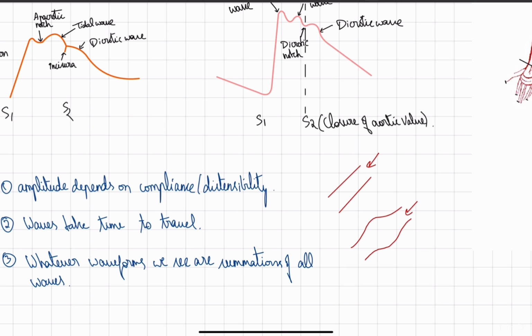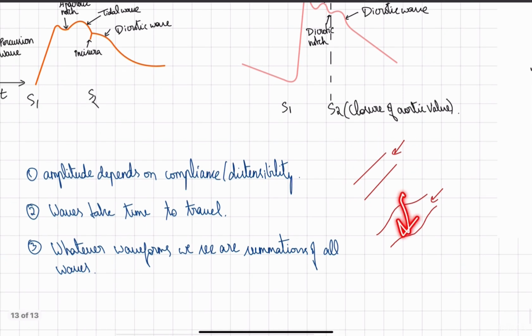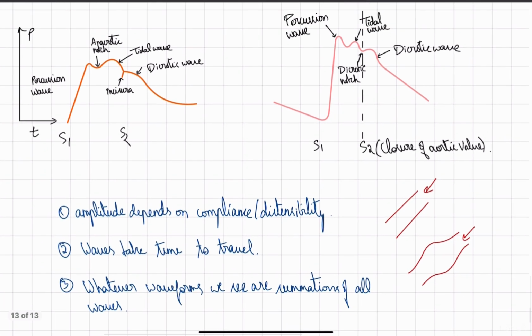But nowadays we use a transducer: you catheterize centrally and record the pressure. In a stiff artery the pressure is higher, but in a compliant or distensible artery, which is elastic and expands and occupies the blood coming in, the pressure is not that high compared to here. All right, that's point number one.